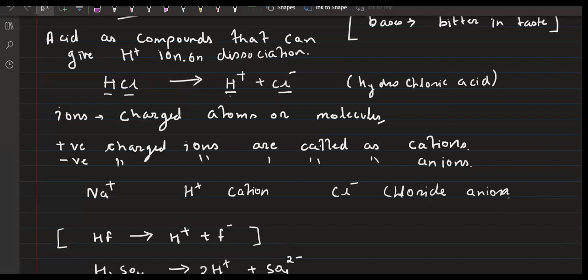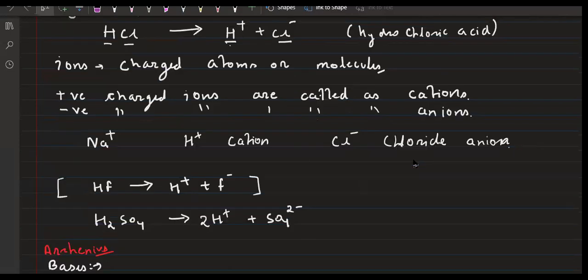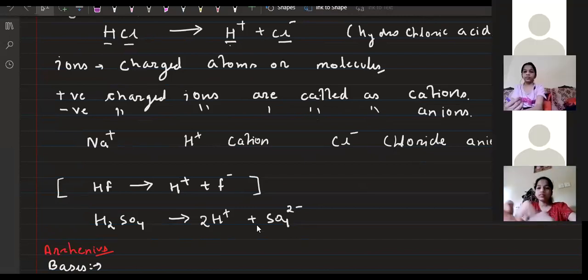And negatively charged ions are called anions. I hope all of you remember; all of you watch the videos again. So a few more examples of an acid: HF, hydrofluoric acid, gives H plus and F minus. H2SO4 gives 2H plus and SO4 2 minus. So we discussed what is a cation, what is an ion.